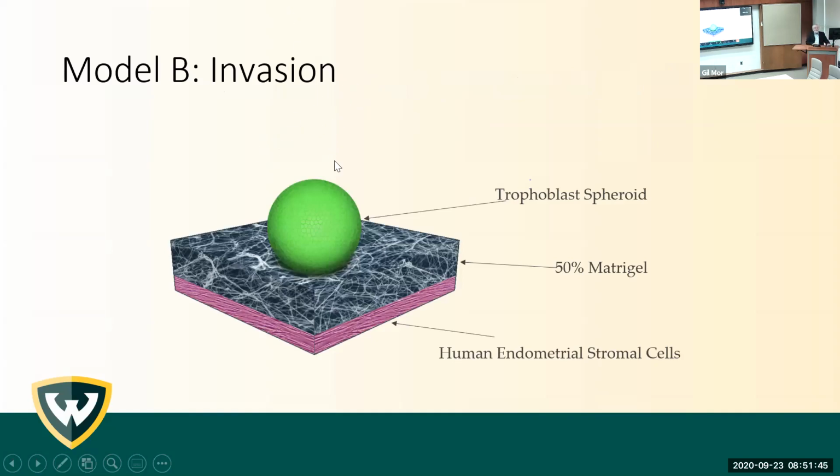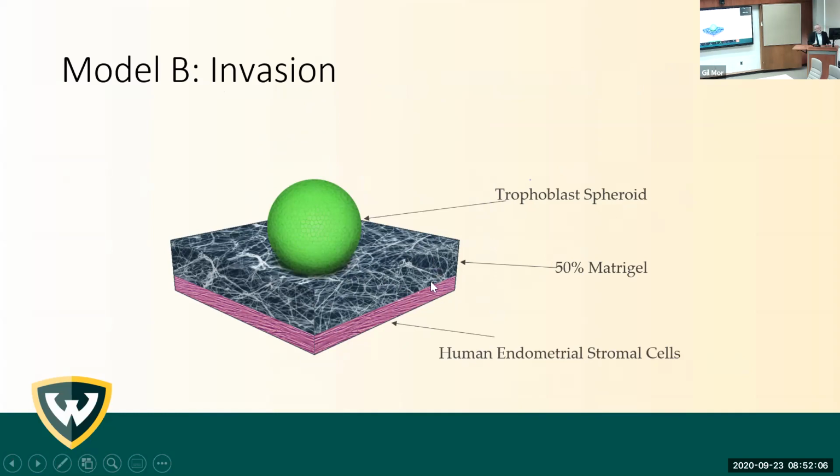What about the invasion? In order to understand the invasion, we created this model. We have the trophoblast spheroids, we have matrigel, and at the bottom we have human stroma cells. We can also replace the human endometrial stroma cells with any type of cells.